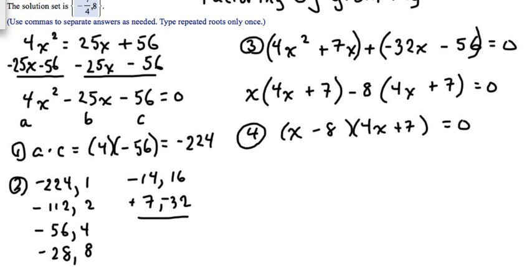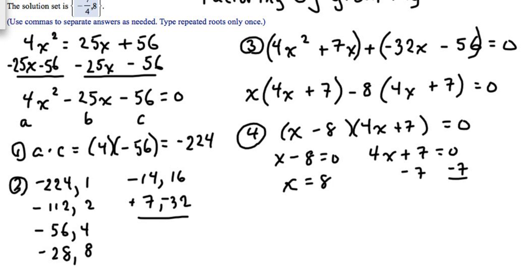Now we're going to use the zero-product property. So we're going to write x minus 8 equals 0, and 4x plus 7 equals 0. And if x minus 8 equals 0, then x equals 8. We subtract 7 from both sides here, and we get 4x equals negative 7.